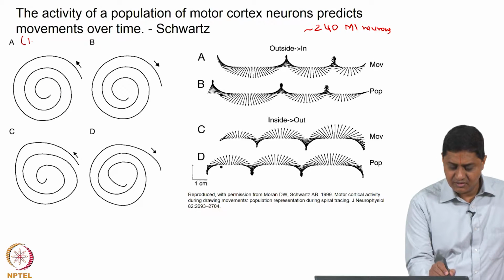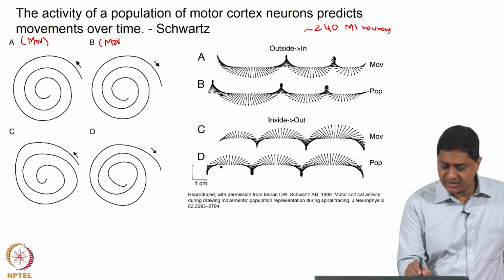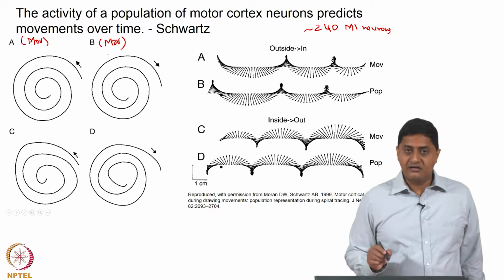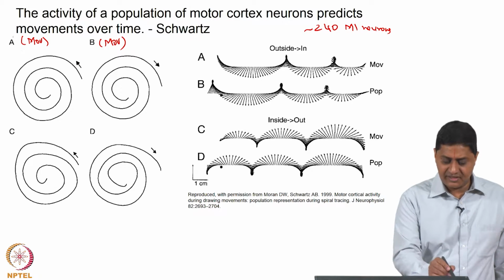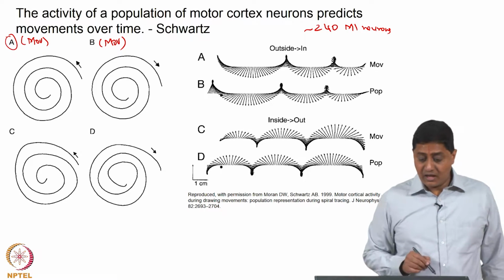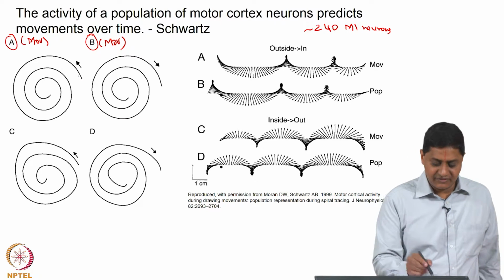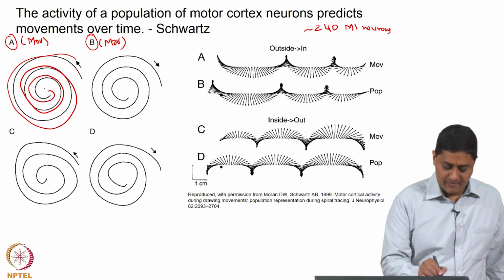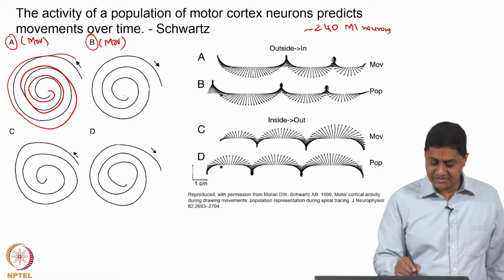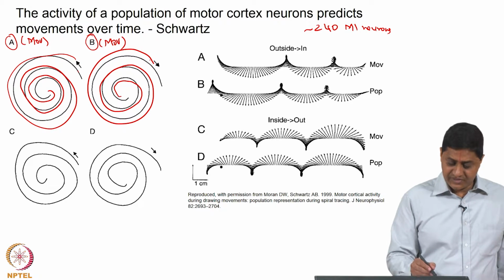This spiral can be made from the outside to the inside as it is happening in A, or from the inside to the outside as it is happening in B. In one case I am going from outside to the inside. In the other case the monkey is going from inside to the outside. So, there are 2 possibilities.